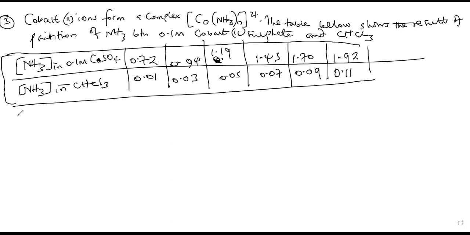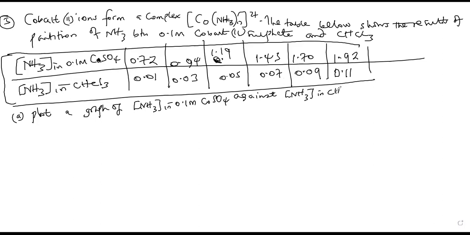The first part of the question is: plot a graph of ammonia in 0.1 molar cobalt 2 sulfate against the concentration of ammonia in trichloromethane. 2, determine the value of N in the complex.